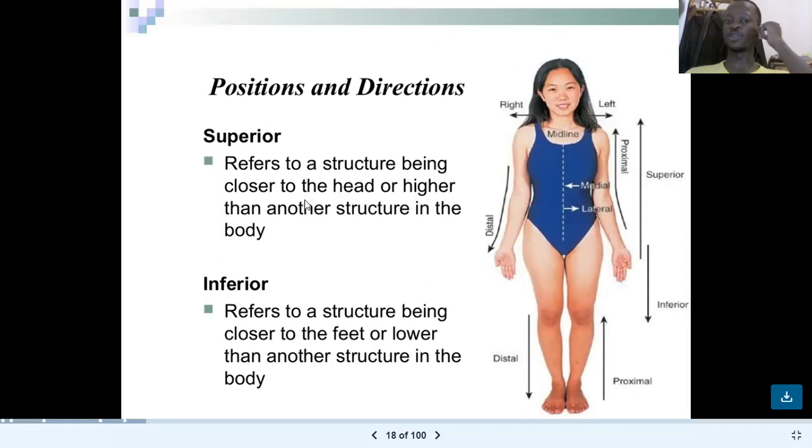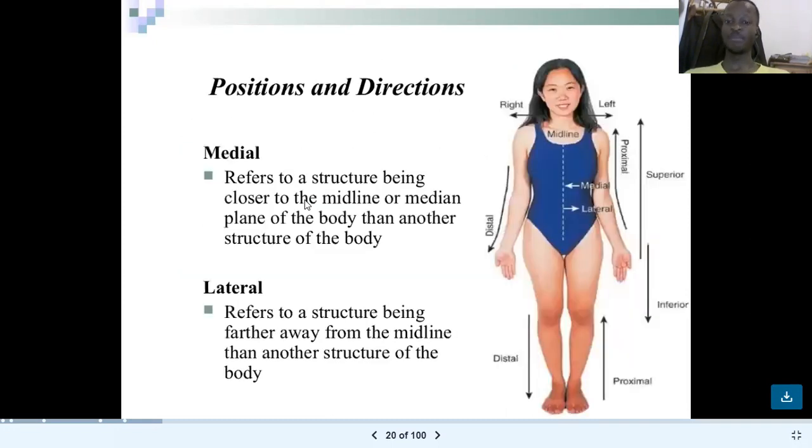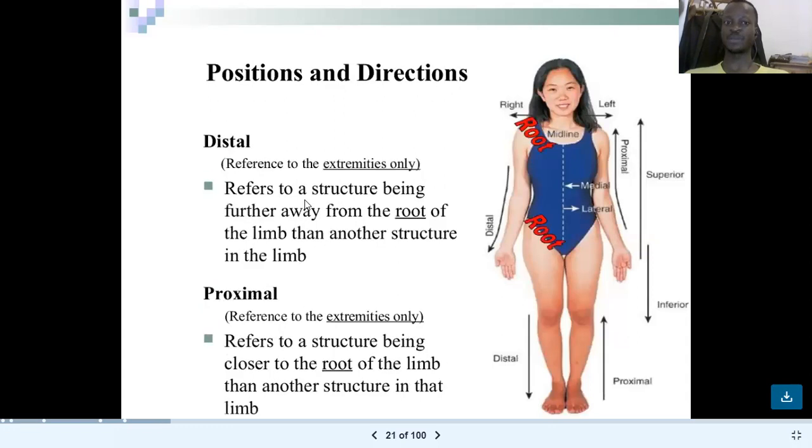I described the superior and inferior relations, right? Inferior being closer to the feet, superior being closer to the head region. Anterior, posterior, we described. Medial, lateral, we described, right? Proximal, distal, we described, right? So these you're actually referring to the roots of the limbs.